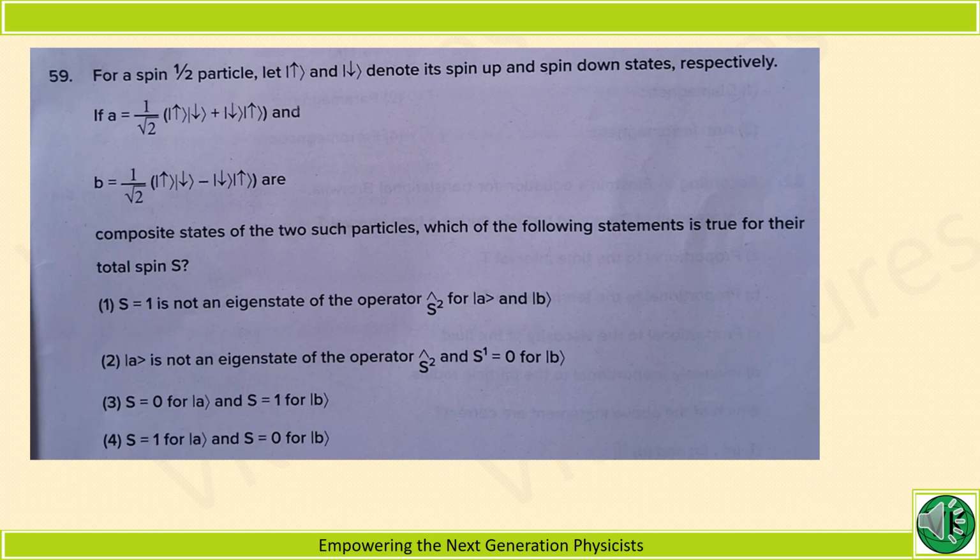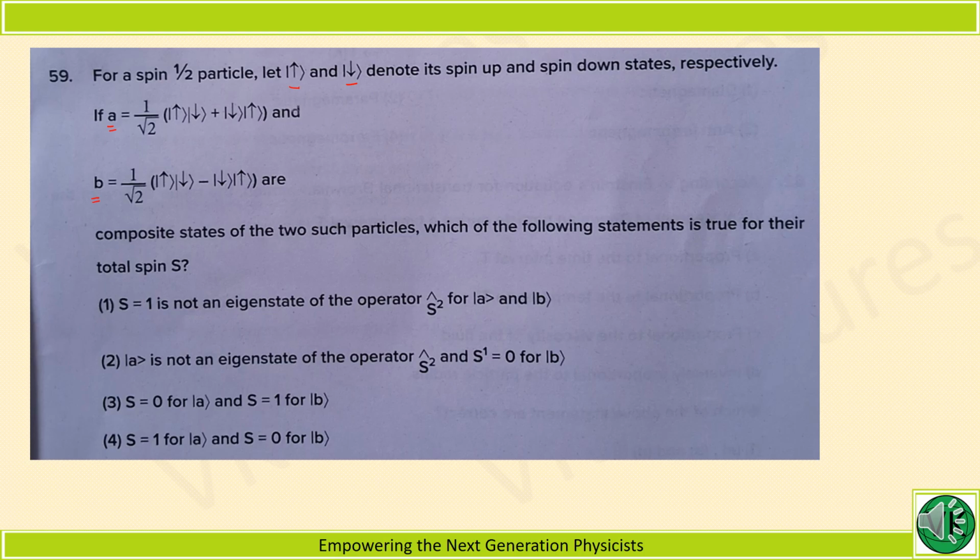For a spin half particle, the two symbols denote the spin up and spin down states respectively, and two composite states of these spin up and spin down states are given, one is A and another is B. Which of the following statements is true for their total spin?